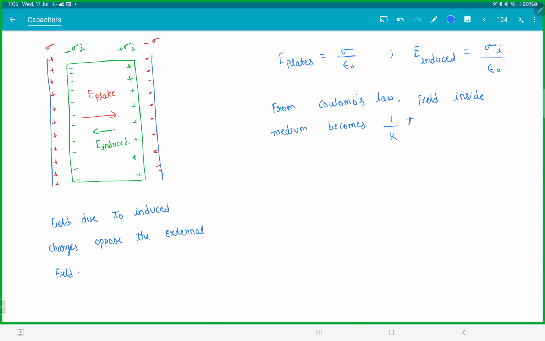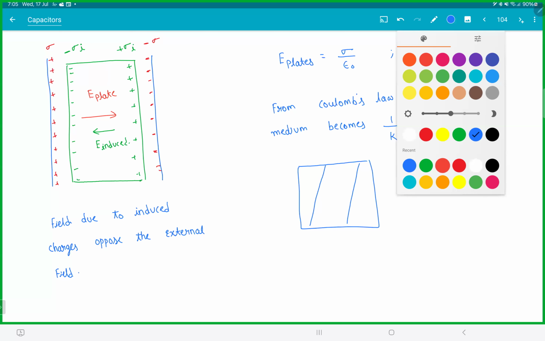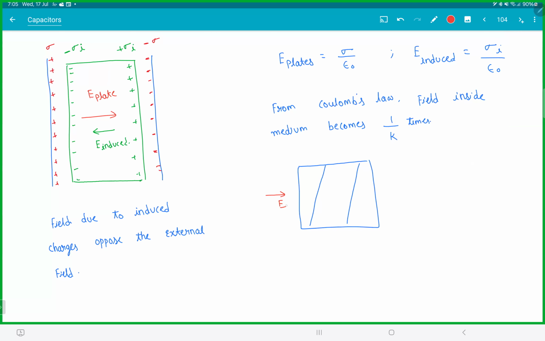So that will be 1 by k times here. Meaning, if the field outside is E, the moment you enter the slab, the field will reduce to E by K because of the induced charges. And outside again, the field will be E. So the field inside is whatever is outside by K.